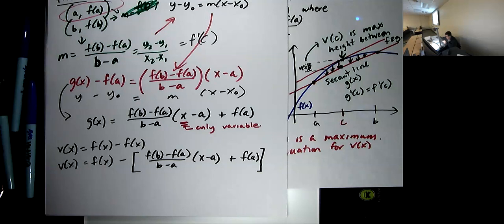V of x equals f of x minus g of x. Did I mean to put that?